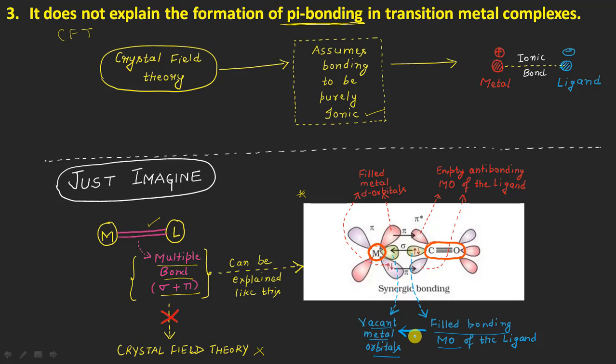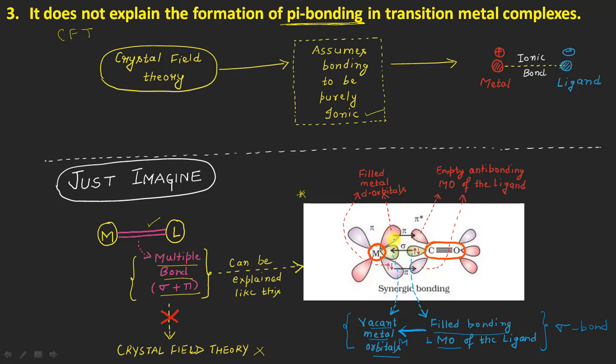This means that the ligand is giving electrons to the metal ion. So I will show the direction of the bond in this way, resulting in the formation of a sigma bond. Let me write here in this bracket, it will be a sigma bond. It will be a coordinate covalent bond, because both the electrons are coming from the ligand itself, right?